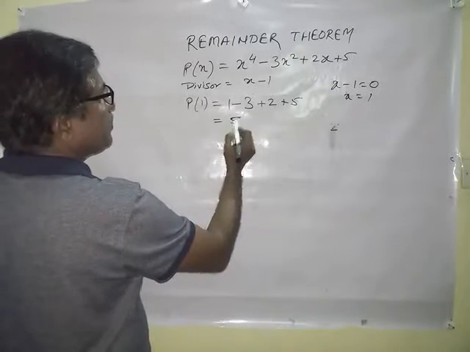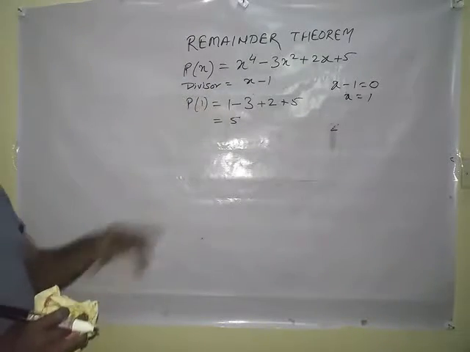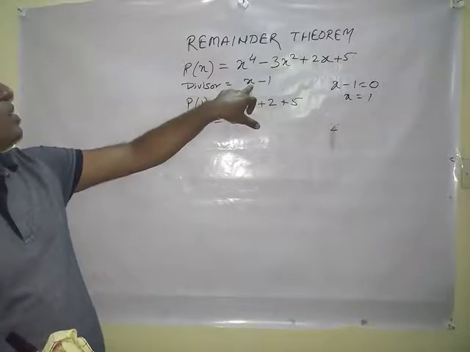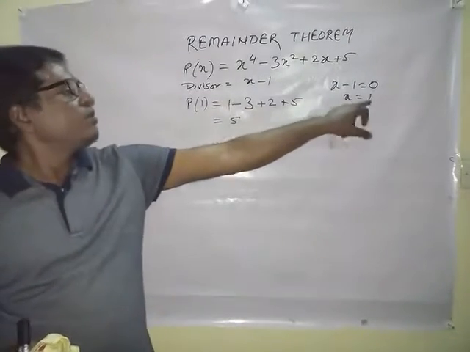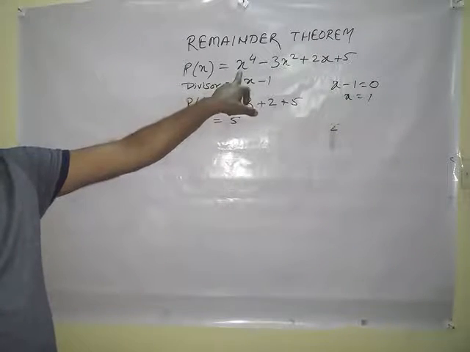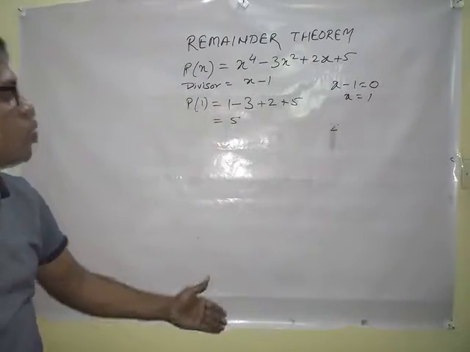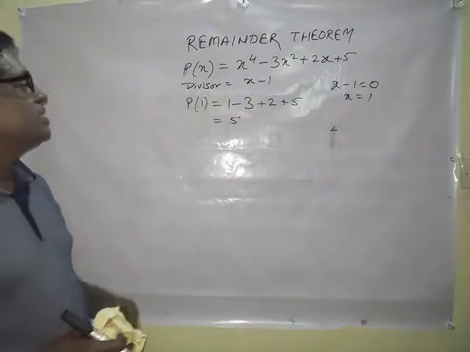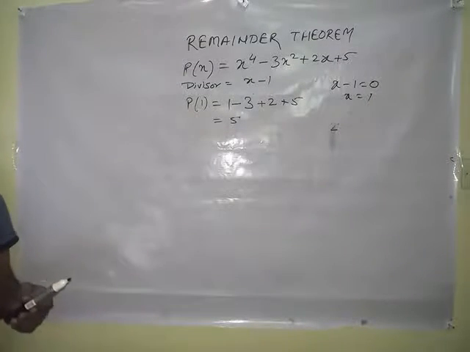So the remainder is 5. So with the remainder theorem, what it says is, equate the divisor to 0. Whatever value of x is coming, apply it on the equation, you will get the remainder. So there is no need to go for the long method seen earlier. Just straight equate this and you will get the remainder.